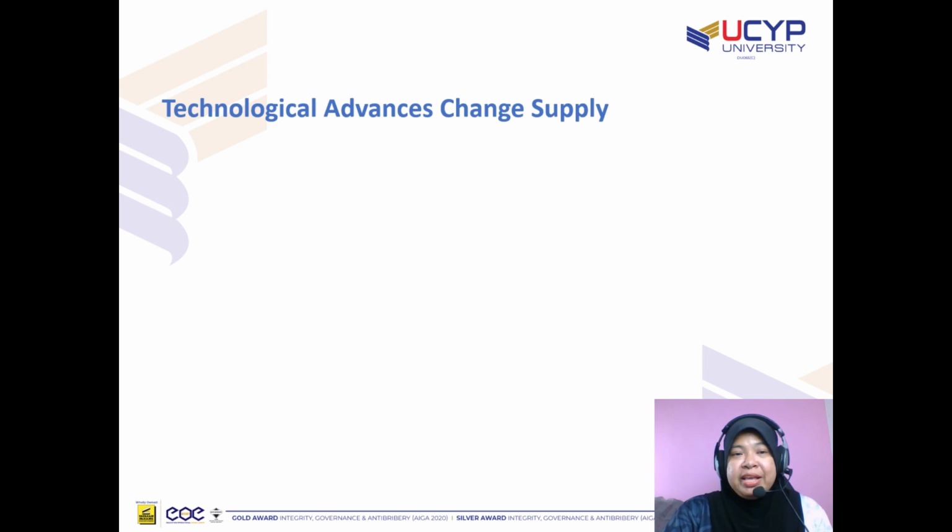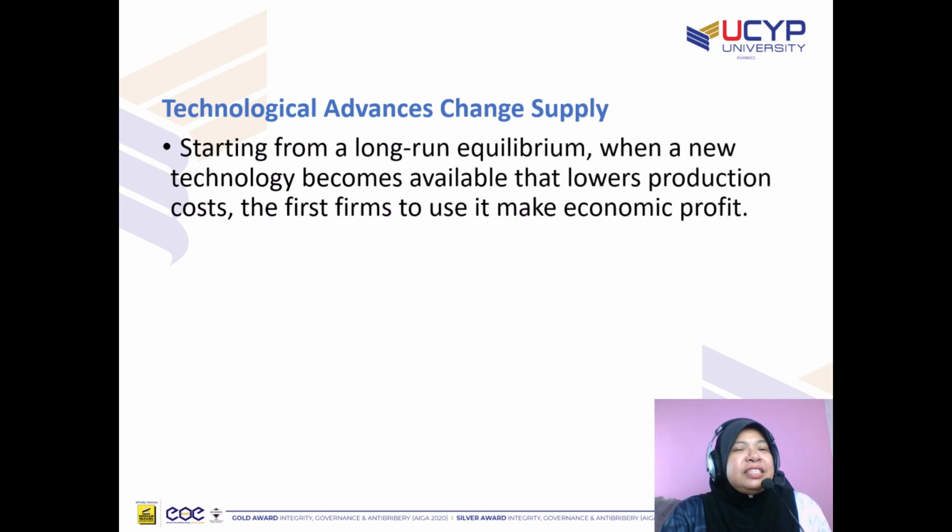The next subtopic is about how technological advances change supply. Starting from a long-run equilibrium, when a new technology becomes available that lowers production cost, the first firms to use it make economic profit.